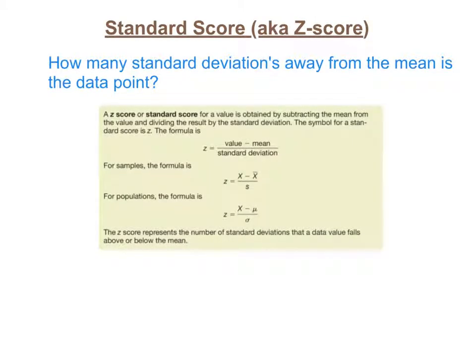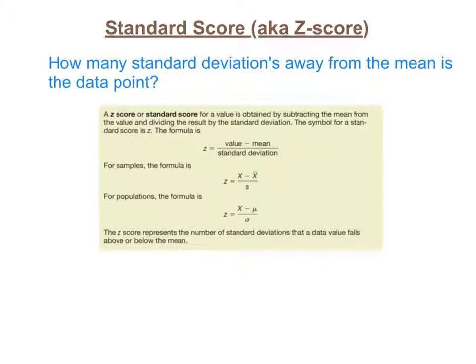So the formula is the value, whatever point you want to see, minus the mean divided by the standard deviation. So it's the difference between the value and the mean divided by the standard deviation. You'll notice this is also the formula for K in Chebyshev's rule, because K is the number of standard deviations away from the mean. These are the same thing.